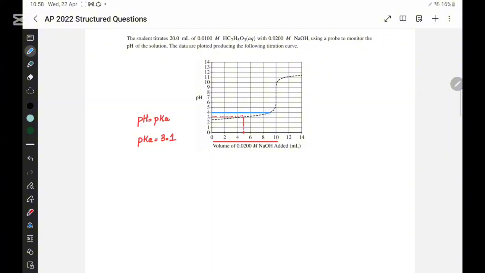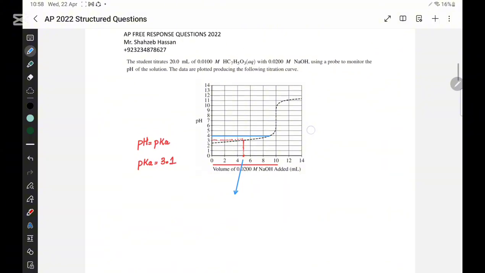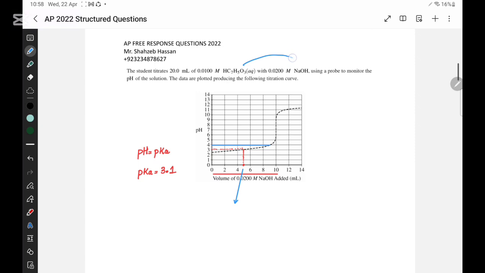So at half equivalence point, that is the point where half amount of acid and base has reacted. So the conjugate base that is forming from this acid is going to be C7H5O3 minus, that is a conjugate base.